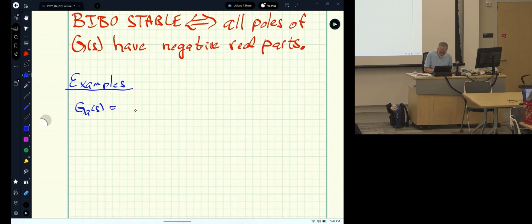Let's do G_A of S equals S plus 2 over S squared minus 1. And I'll do the factorization so you don't have to, okay?